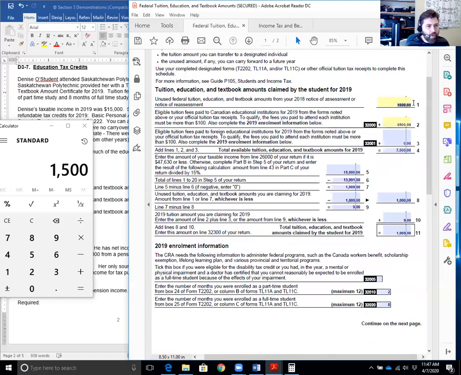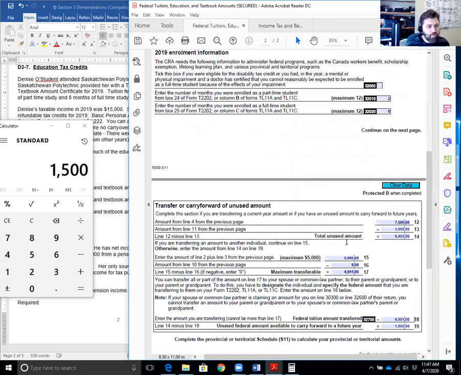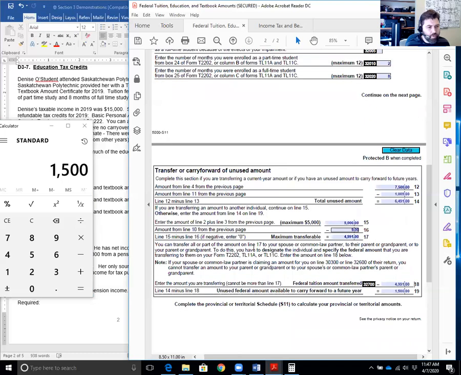This carryover amount reduced how much tuition from the current year that you needed to use to bring your income to match your tax credit amounts. You only needed to use 9 of those dollars. So the rest you could use to transfer to your chosen person that you're allowed to transfer to.